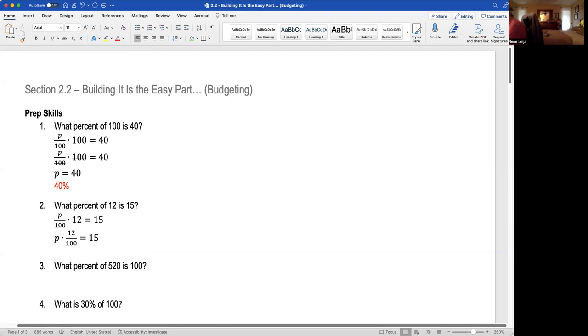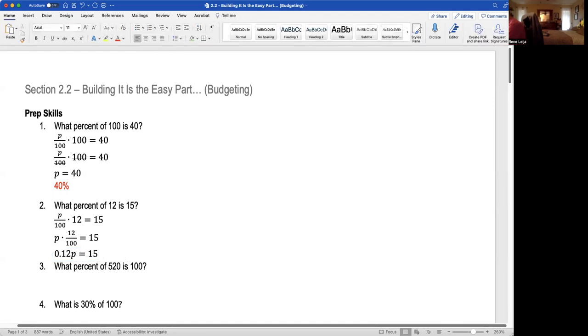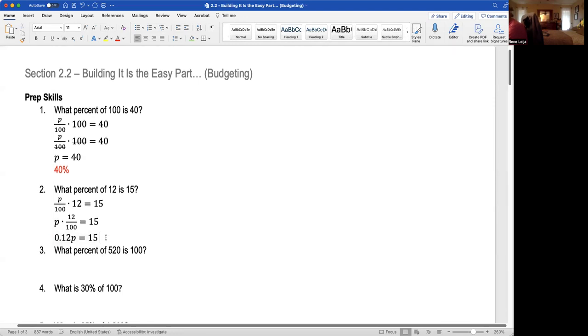That gives you two decimal places. So I'm going to rewrite this as 0.12p equals 15. Okay, I don't know why the font is really out of whack, but I'll change this before I post the solutions.